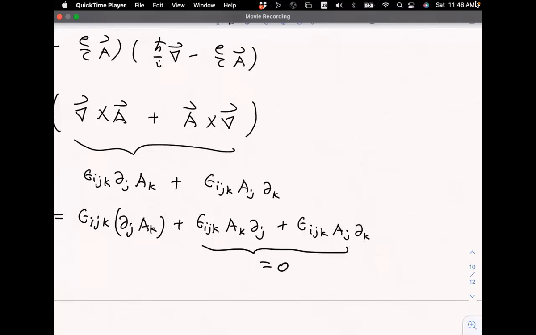If you want to know why, you can just rename it, epsilon IJK.